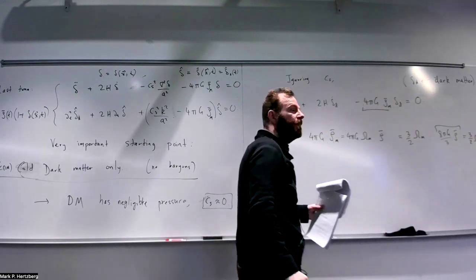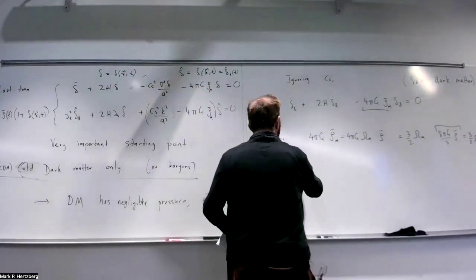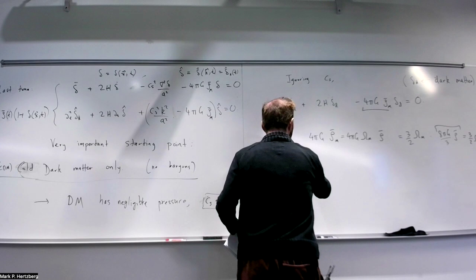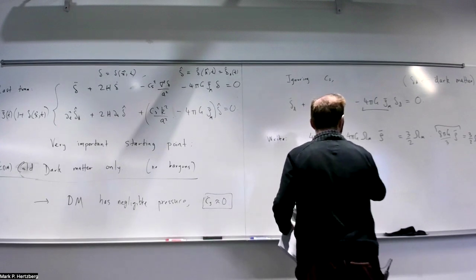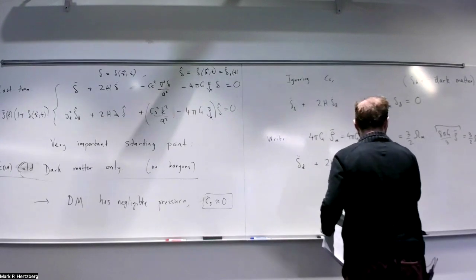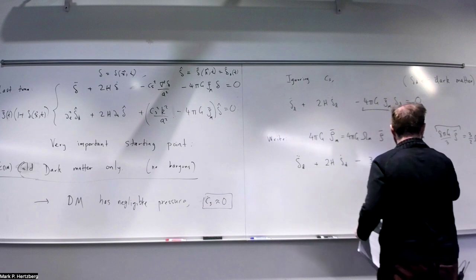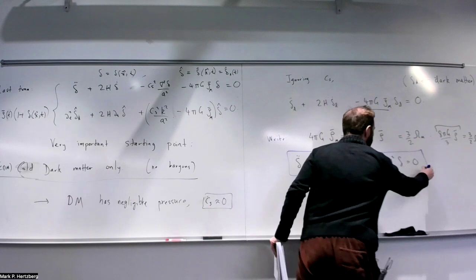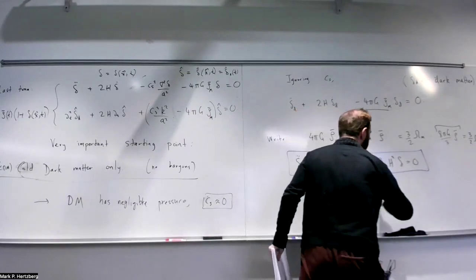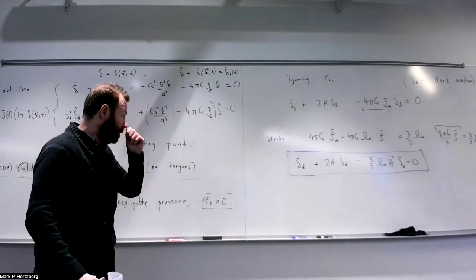Okay, so now that gives us a better idea as to the structure of this equation. So the perturbations in the dark matter looks like this, minus 3/2. Okay.